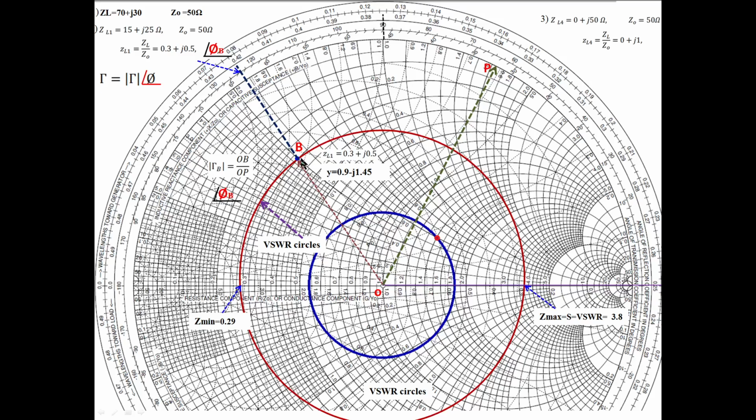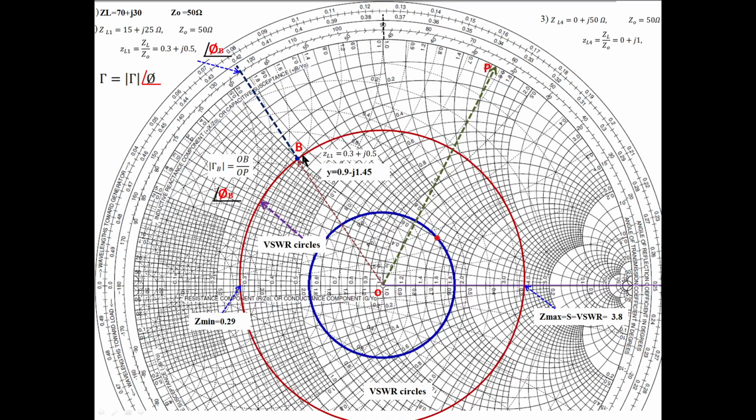For the previous problem, it was nearly 42 degrees. But for this it is 124 degrees, because each division is 2 degrees, moving from here. It is a little bit off, but we can approximately take 124 degrees. Like that, we can read this angle easily from here.